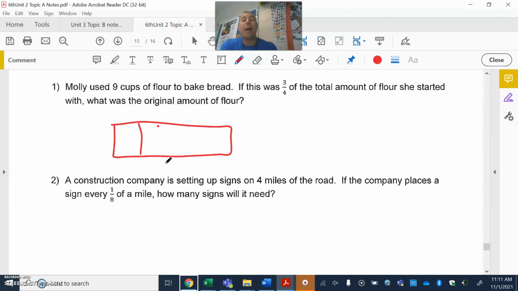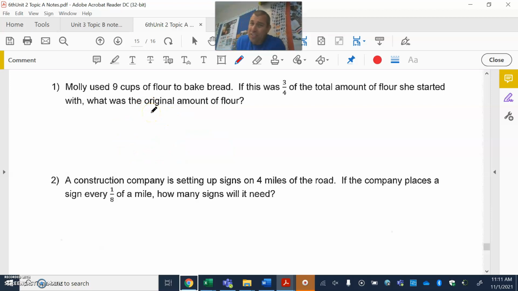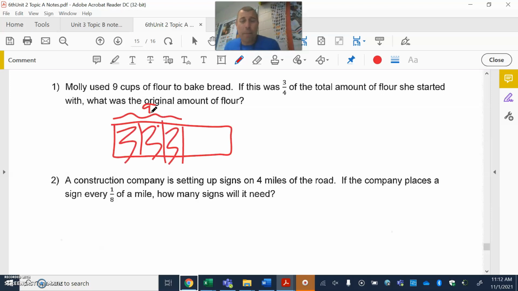All right, I'm going to shade in those first 3 so we can represent what 3/4 is. And it's saying 3/4. Molly used 9 cups. This was 3/4. So we're saying all of this is worth 9. So this is where, listen, I don't think the division problem is the greatest thing to set up here.